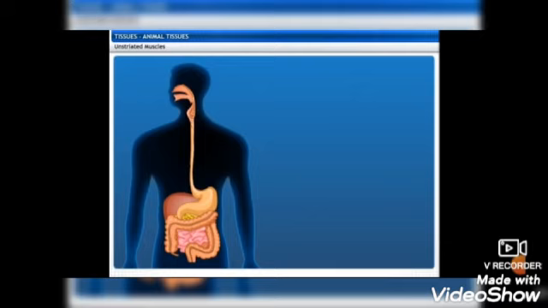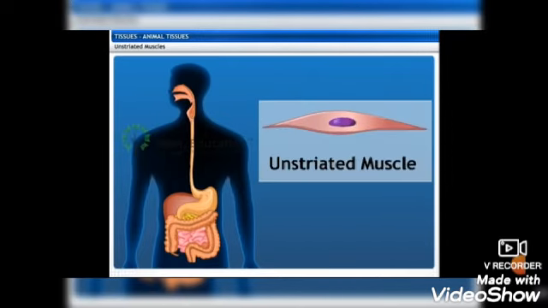See how the food is pushed down the alimentary canal by the contraction and relaxation of the muscles. This process is done by unstriated muscles, which are spindle-shaped with one nucleus. They do not have the striations and are called smooth muscles.